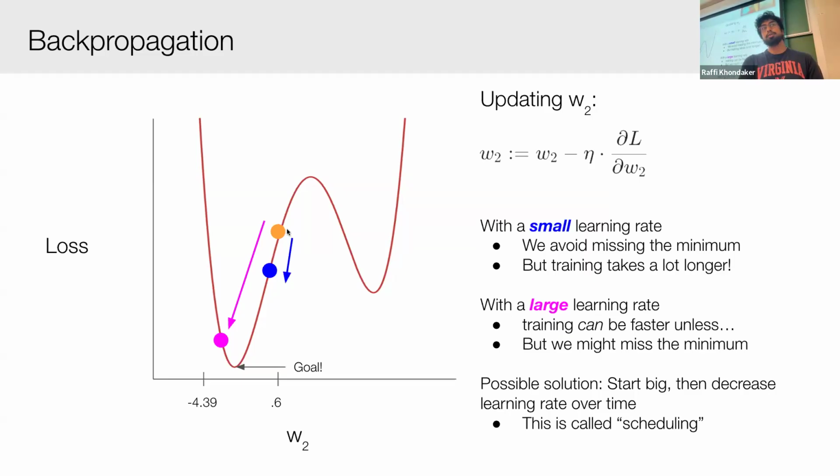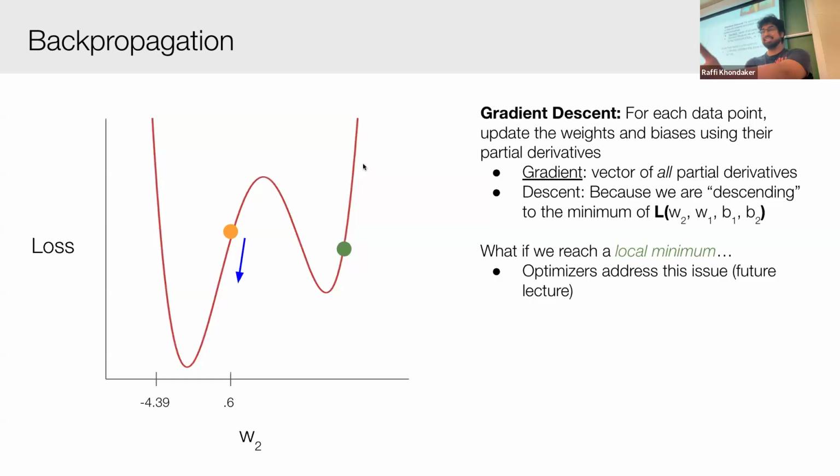We might start with a very large learning rate, especially if we're at the peak of this function. We take large steps at first, and then over time, we decrease that learning rate. So when we're down here, we have a very small learning rate. Does that make sense? This is basically gradient descent.